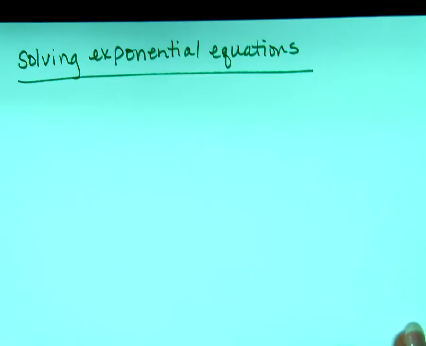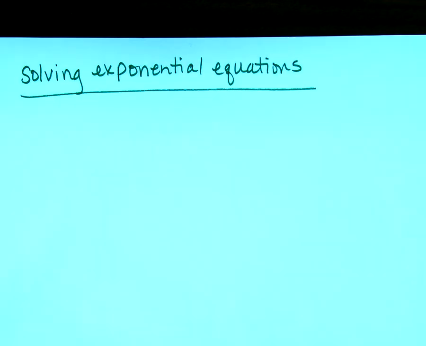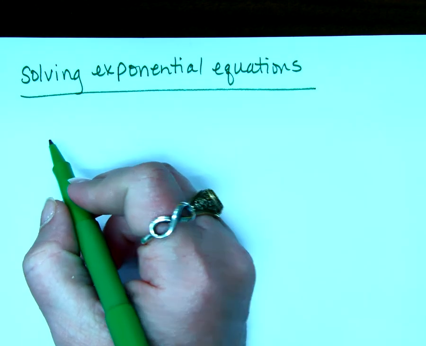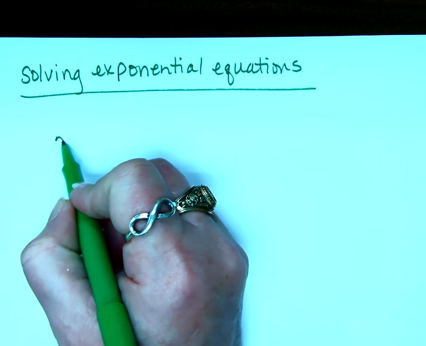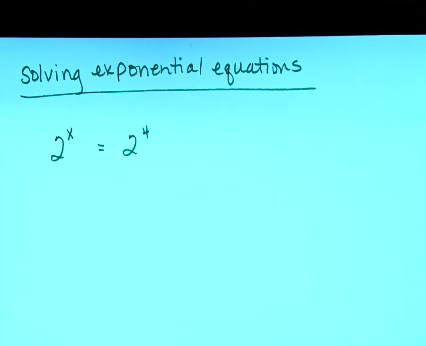Yes? Okay, now let's talk about solving exponential equations. Now that we have remembered all of our exponent rules, let's solve some equations with them. Okay? So remember I told you we're going to start off pretty easy? 2 to the x power equals 2 to the 4th. So you guys are giving me some weird looks.